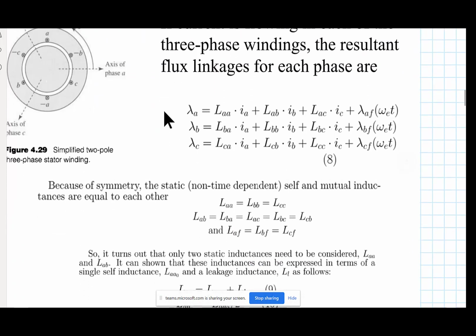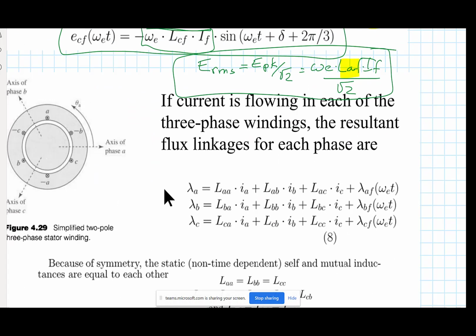And so these are just a number. These are the self and mutual inductances between the windings on the stator. And you have, in addition to that, a time-dependent flux linking you to the rotor. On the rotor, you have a field winding.